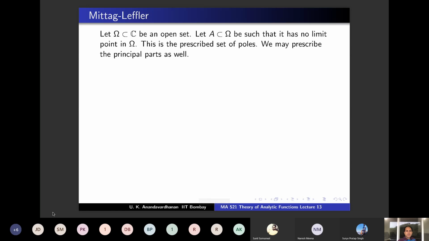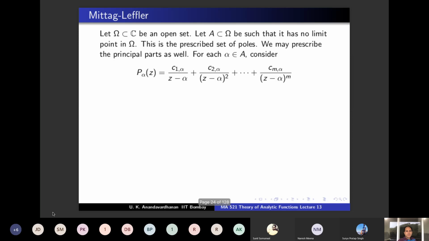And we may prescribe the principal parts as well. So at each alpha in A, you also give me a function which looks like the principal part of the function that we are going to construct. So for each alpha in A, consider P_alpha(z) to be a finite negative part of a Laurent series expansion, so that this looks like the principal part. So you give me these things.